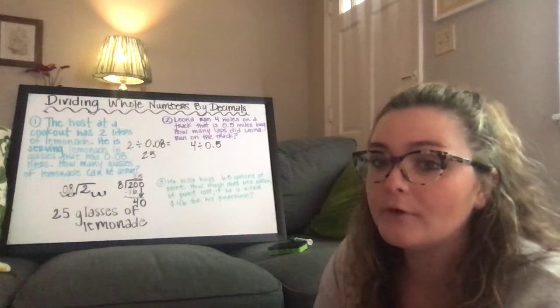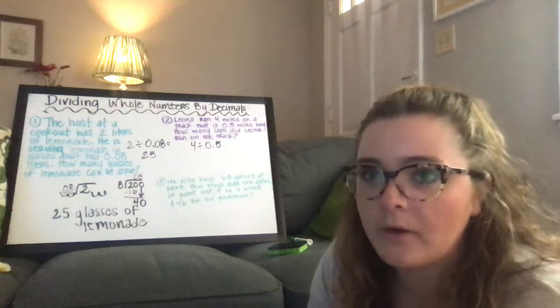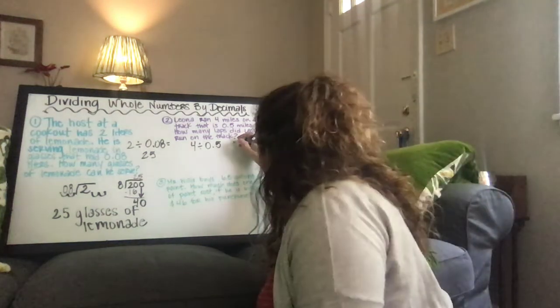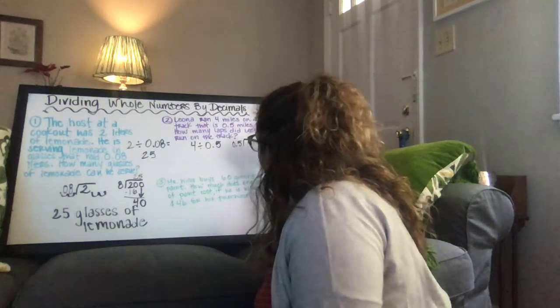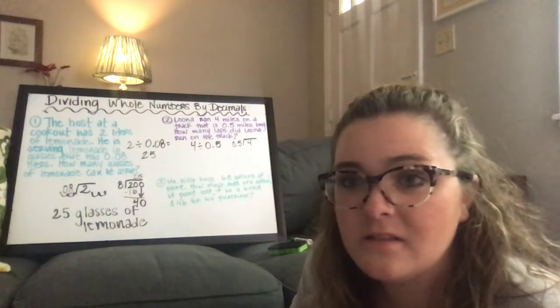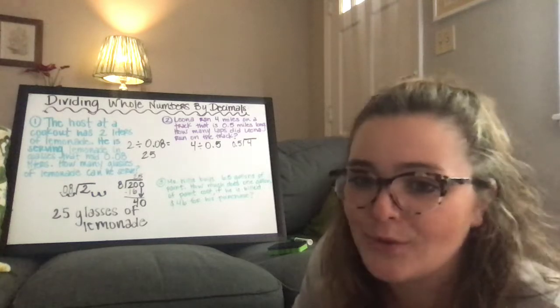All right, remember, whatever we're dividing into, our dividend, is going to go in our house, and whatever we're dividing by, our divisor, is going to go on the outside. Okay, I don't know my facts of 5/10. They're a little bit easier probably than facts of 800ths, but I still don't know them.